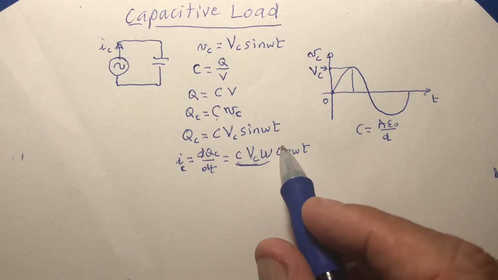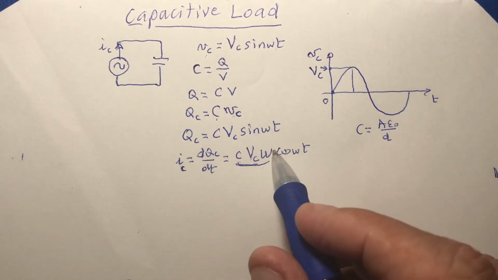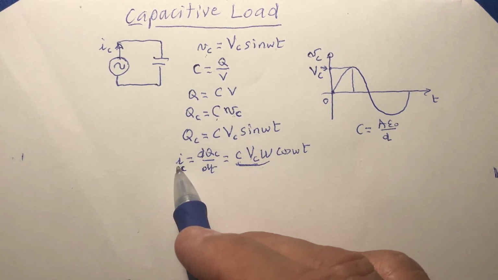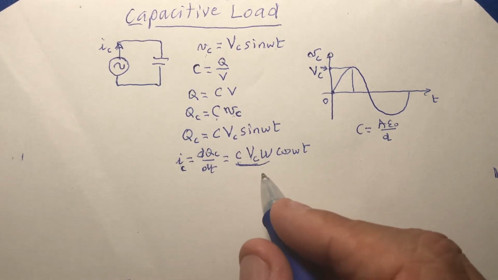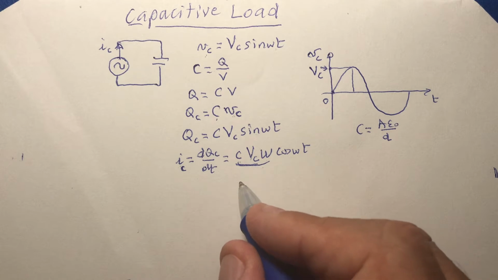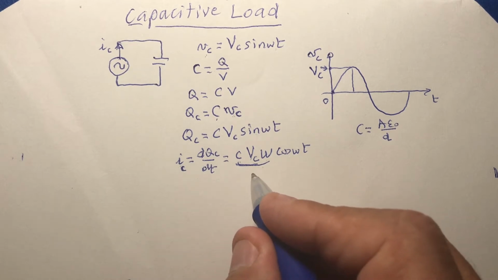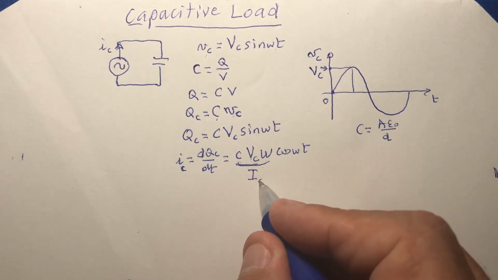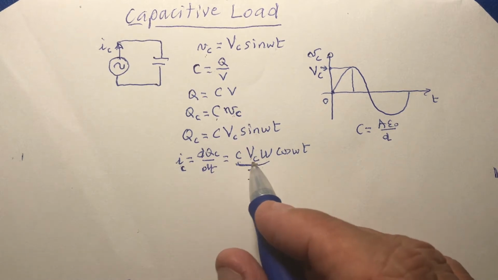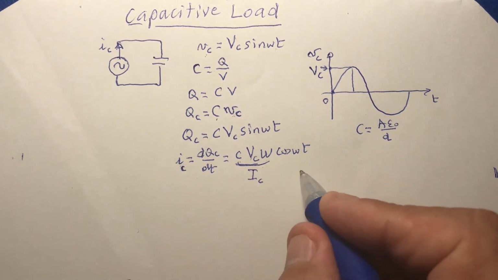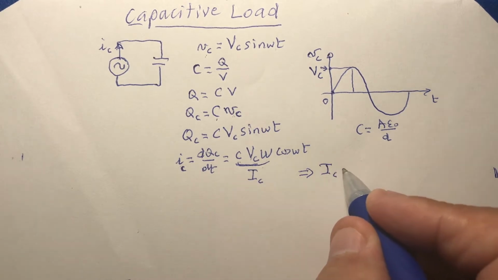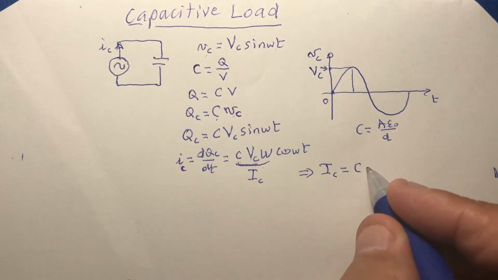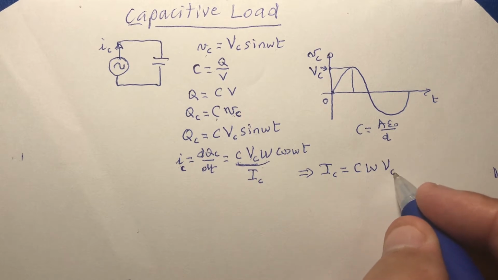What is this? Remember, cosine doesn't have a unit, and this one is a current, unit is amps. So this has to be a current. So this is actually IC, the amplitude of the current. So let's do this: IC is equal to C omega VC.